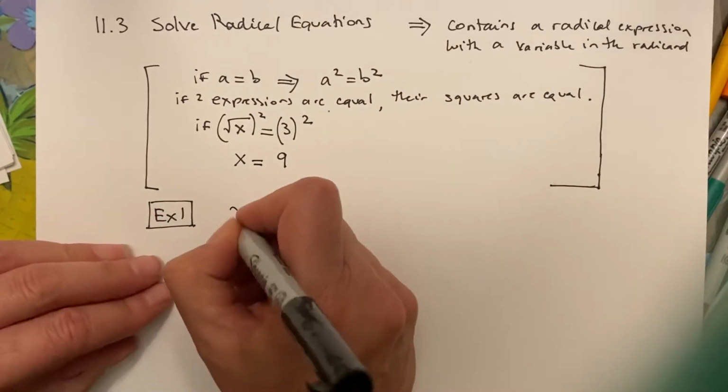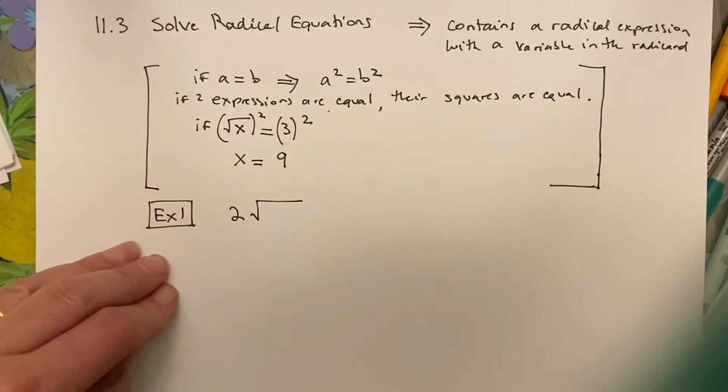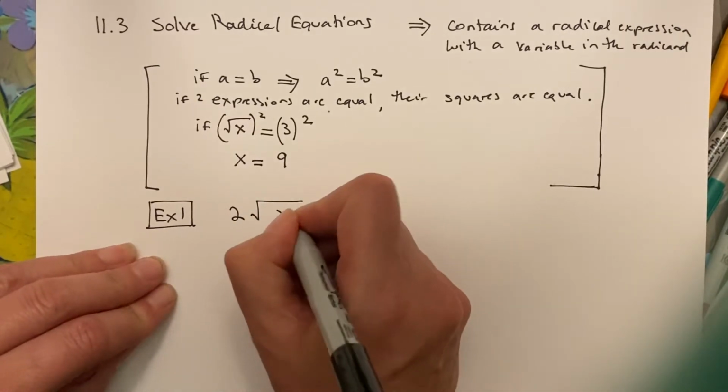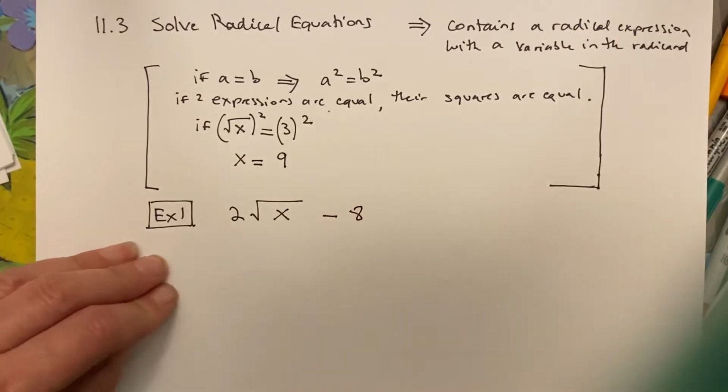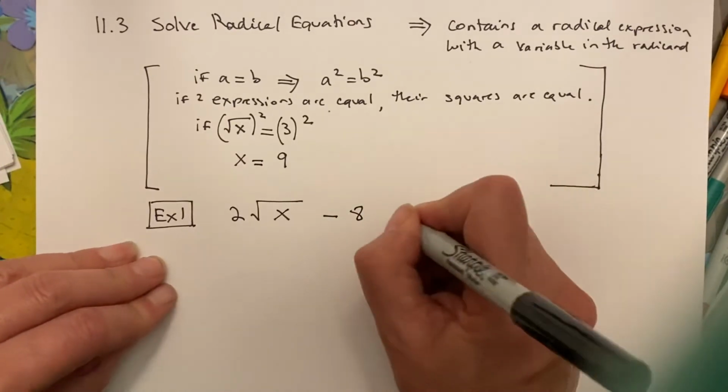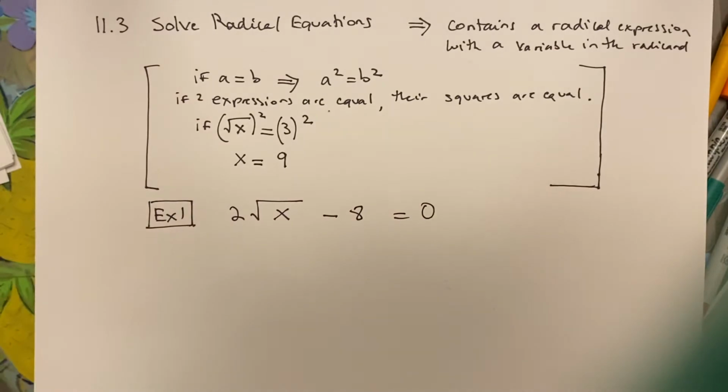If I have 2 square root of x, actually I'm just going to put an x in there. I was going to put something more, but the negative 8 is outside, equals 0. Well, the first thing I'm going to do is I want to solve for x. And so I need to add 8 to both sides.